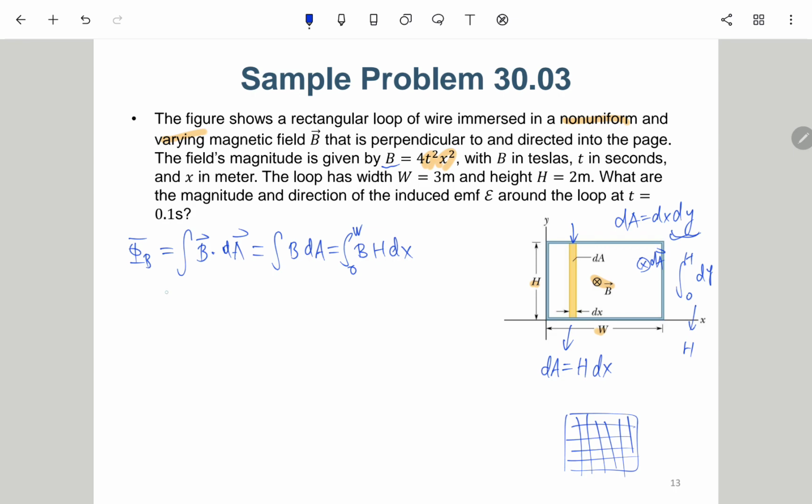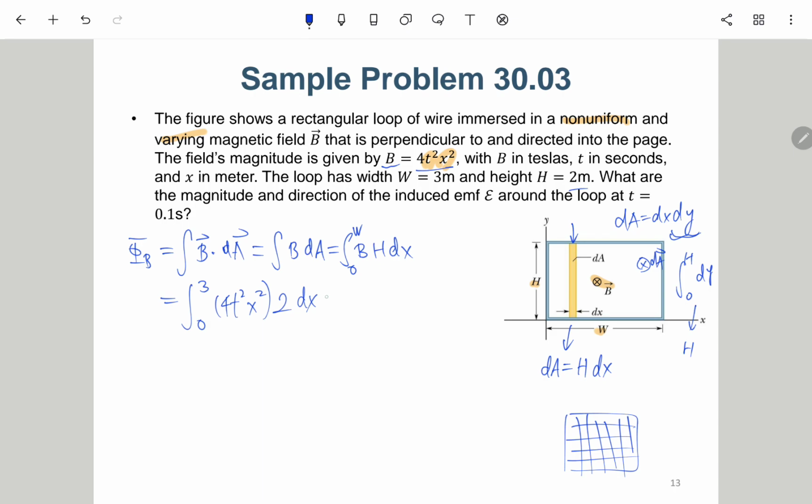In such a way we can substitute the numbers into it. From 0 to 3 meters, and then B is having this expression 4 times t squared x squared, and then h is this 2 meters, and then dx.